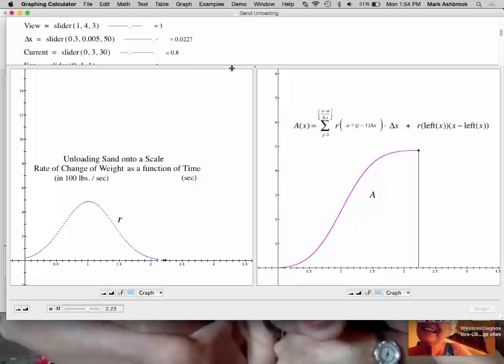Okay, so is that the actual rate function there? No, but it's still a step function, meaning those are all constant rates. But it's sure looking a whole lot like the original function. So let's go as small as 0.005. Here's 0.005. Those are still a bunch of constant rates over there on the left. But in the back, can you tell the difference between that and our original red rate function?